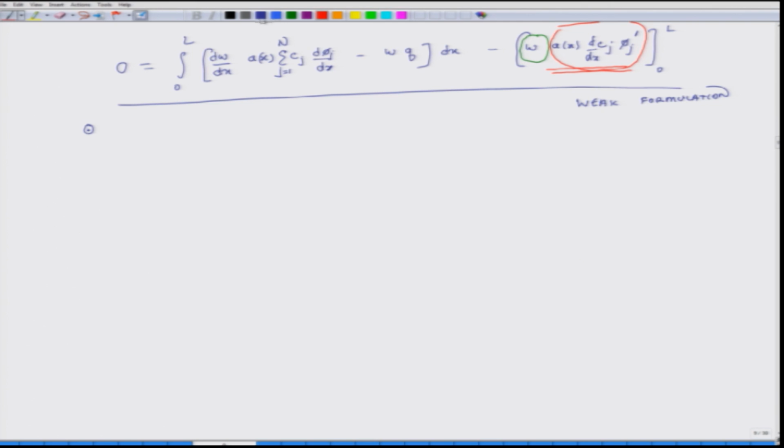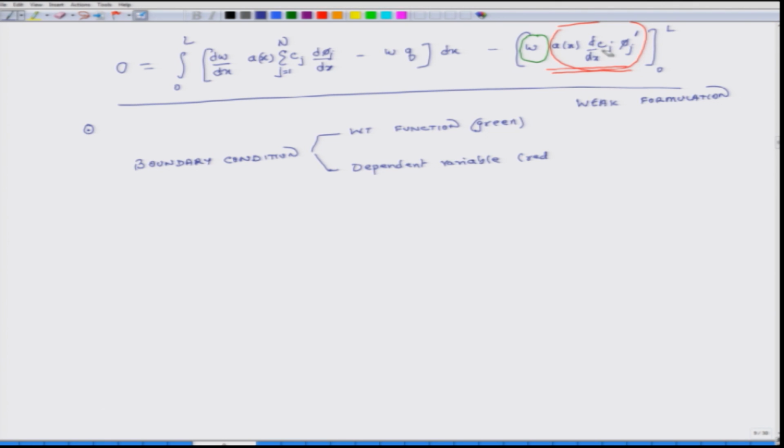The boundary condition involves the weight function, and that is in green, and then it involves the dependent variable in red.